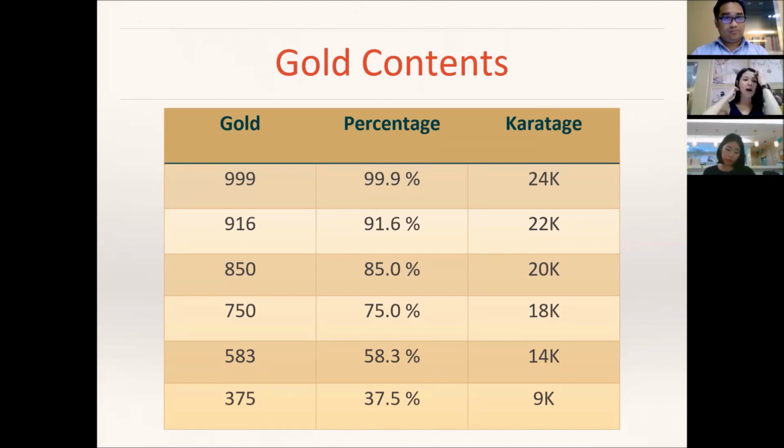Now I have many Muslim customers who share with me that the guys are not supposed to wear gold. We also have customers from Malaysia, and we notice that some Malays in Malaysia do get 9K, which means the gold content is 9 divided by 24 times 100, which is 37.5%.